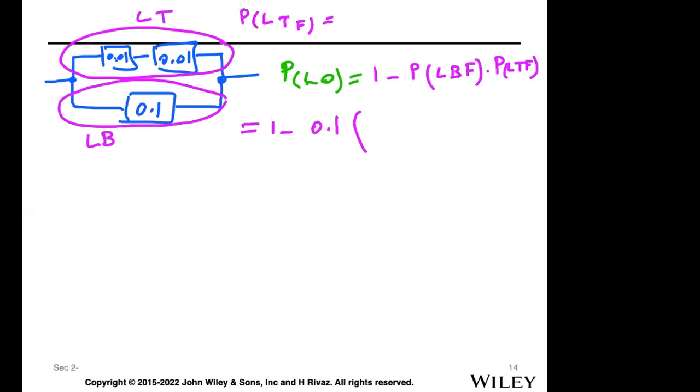It's going to be 1 minus the probability that both of them operate. So 1 minus, the first guy operating is 0.99, and the second guy operating is also 0.99.